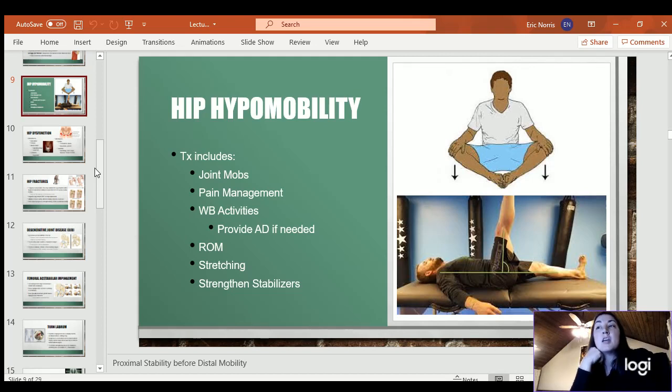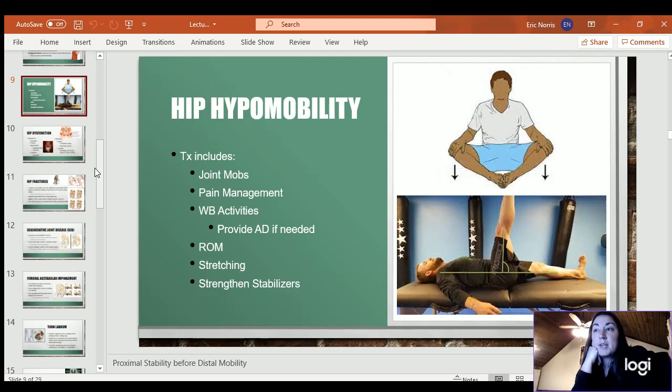And then going towards weight-bearing activities, you can do some functional gait training, balance training. Also, during the first stages, providing an assistive device if they need a walker or something to support them and decrease the amount of weight or pressure on the hip, then that would be suggested.